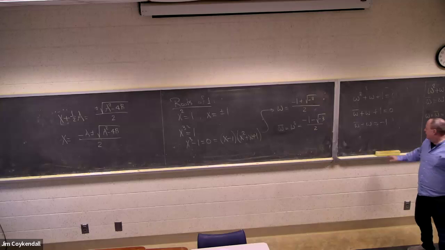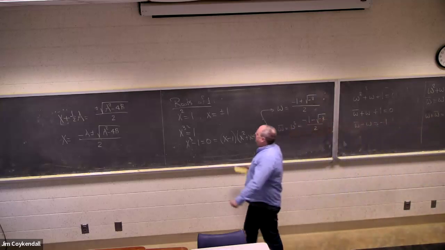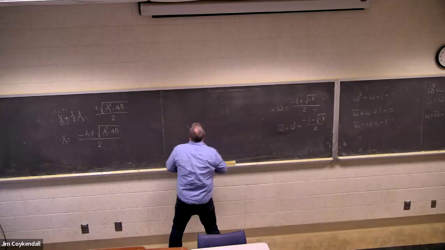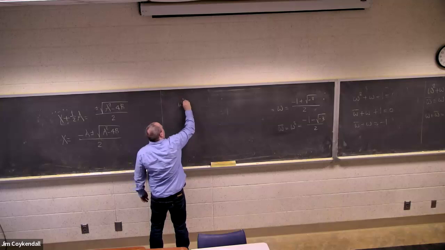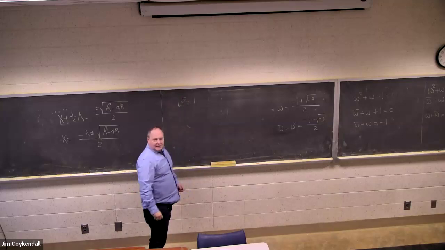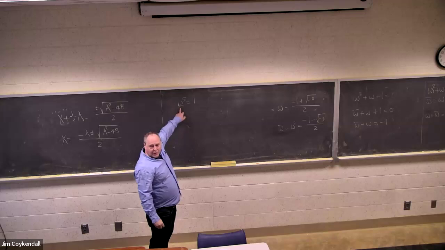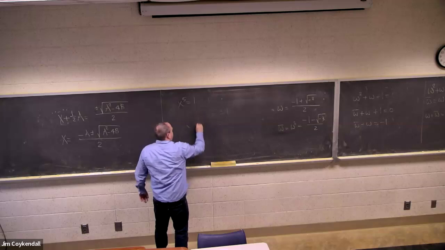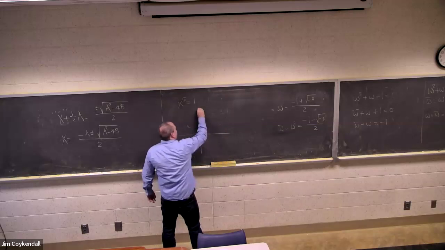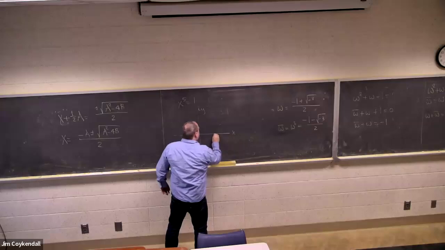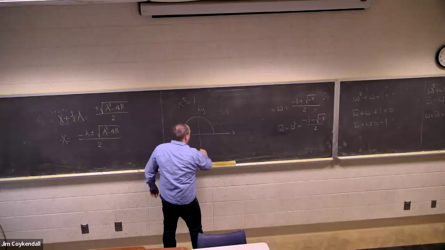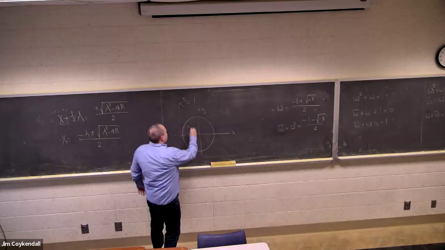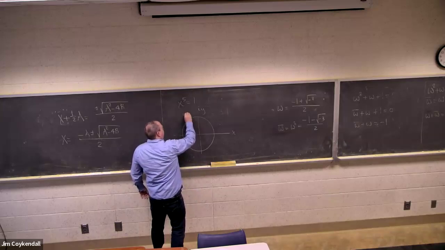By the way, let me point this out because this might be useful later. Notice that one is the root of this as well. I should call this X. How many of you have ever seen this? In the complex plane, the roots of unity are spread out evenly over the circle, right? So my omega is here.